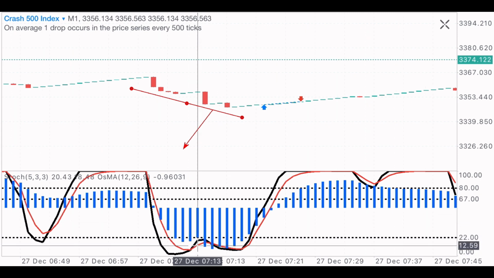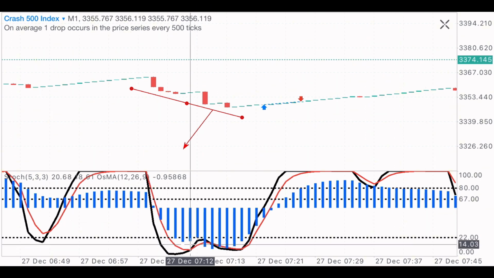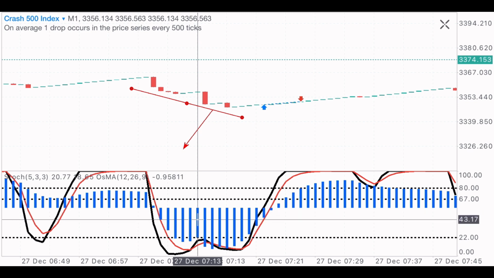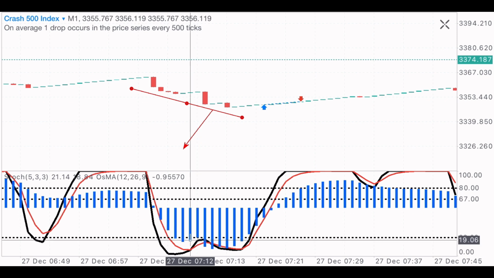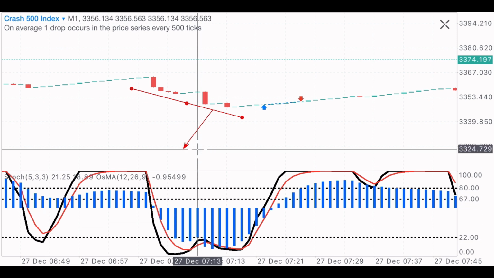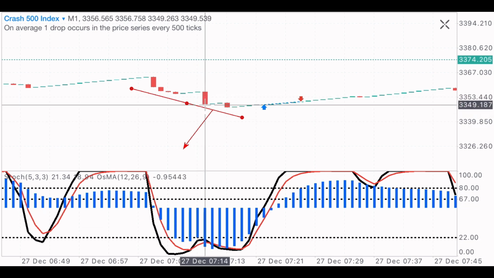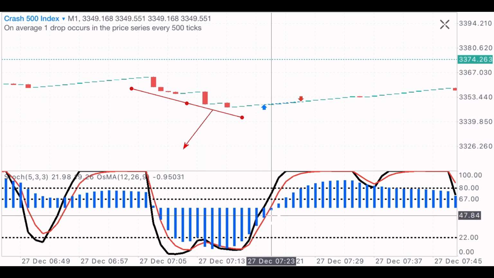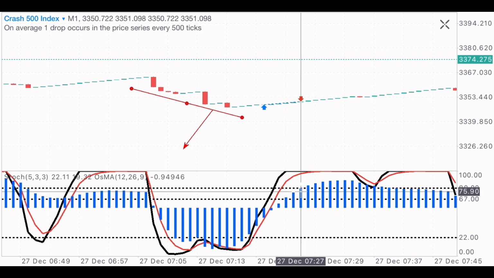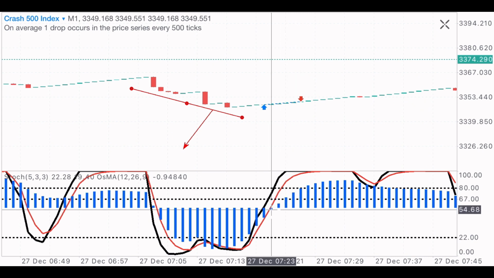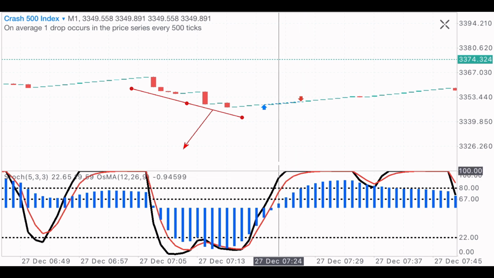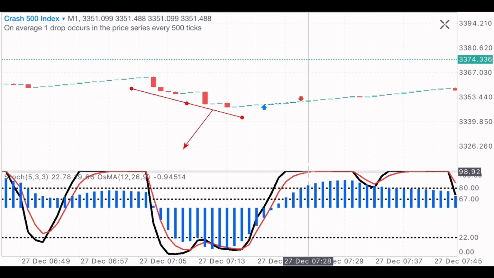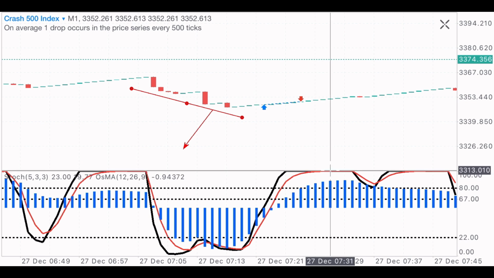After you see the black line of the stochastic oscillator, when the blue line of the moving averages crosses or touches, or when it's about to touch, you exit, because a spike, take a look at this, is a very big spike right here. Then you wait after the spike, then when it's an uptrend, you place a buy.